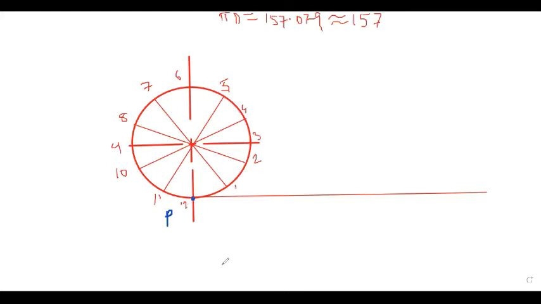Okay. Now what will we do? First, from each point we draw the horizontal line. And you see 11 and 1 will be on the same line.